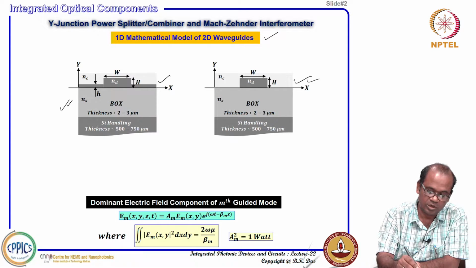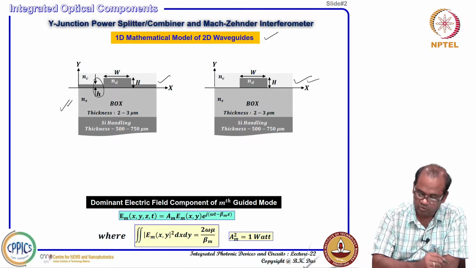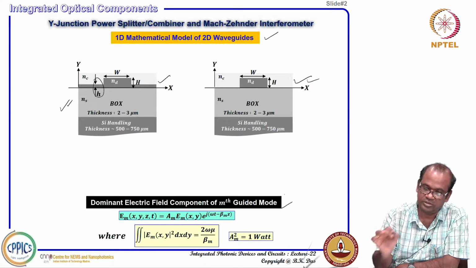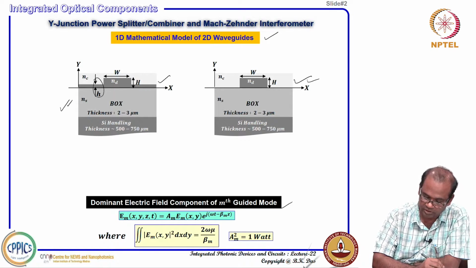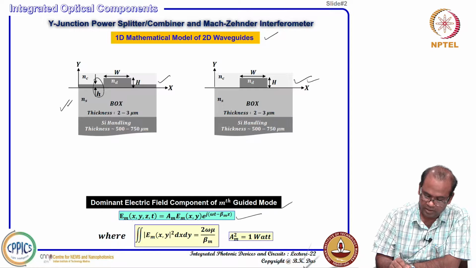When this small h, the slab height, is 0, it is sometimes called a photonic wire waveguide. And we know the dominant electric field component for the mth mode, if it is a multi-mode waveguide where a number of modes are there, we can express as Em(x,y,z,t).